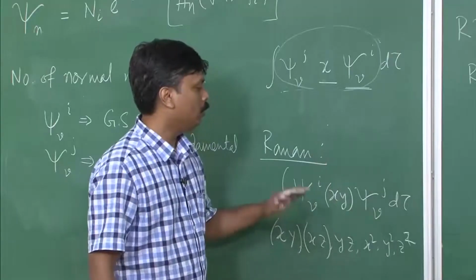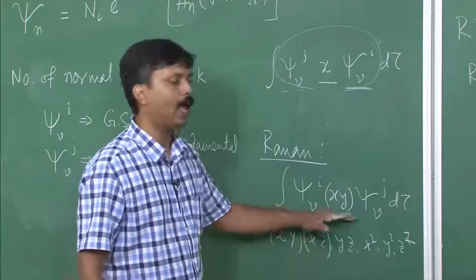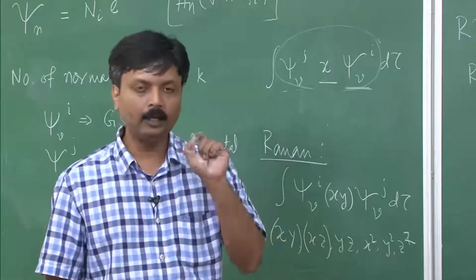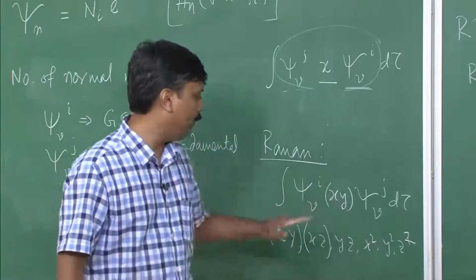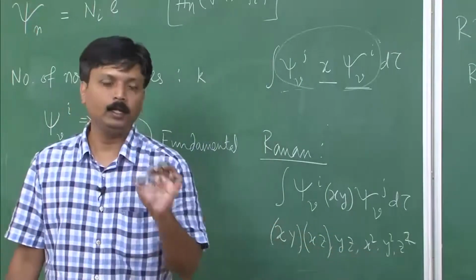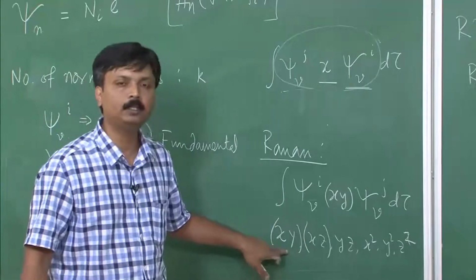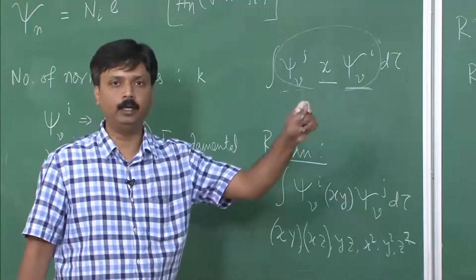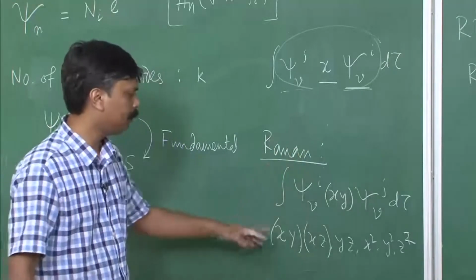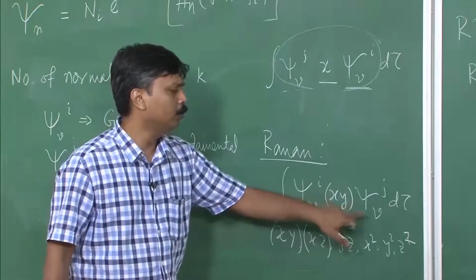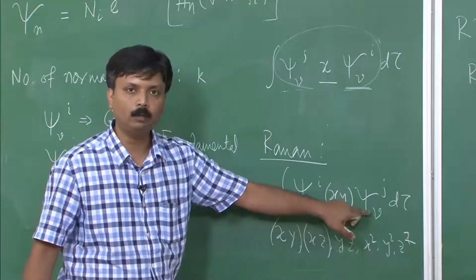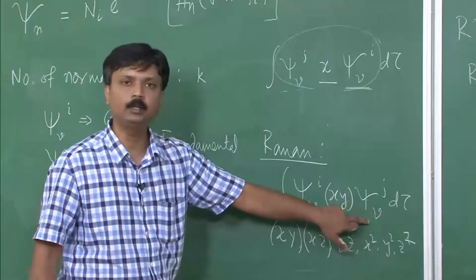So all I have to do is look at the character table, particularly area 4 of the character table, where you find these particular functions. That will tell you exactly that this function xy forms the basis of this particular irreducible representation, or xz forms that particular irreducible representation. So you exactly know the irreducible representation according to which this wave function will transform.